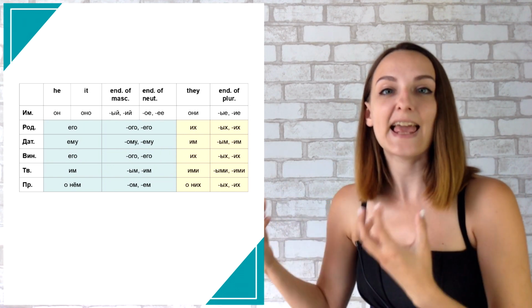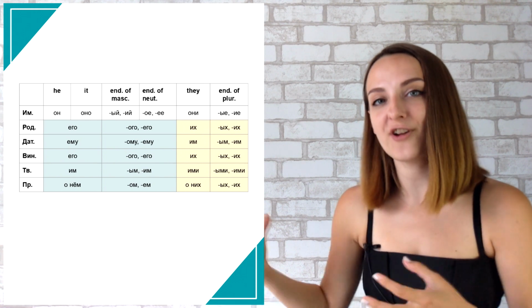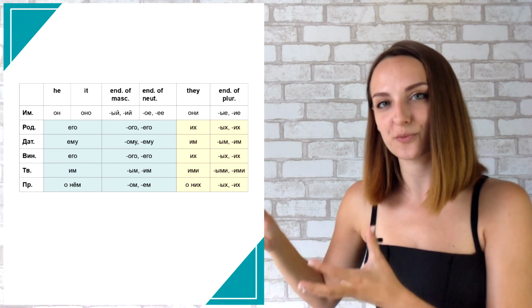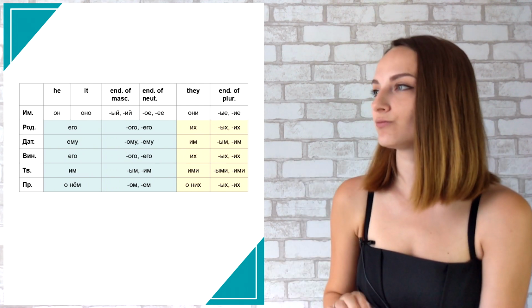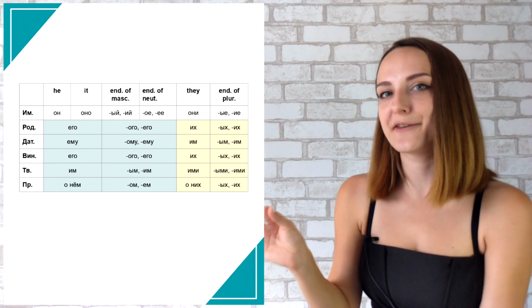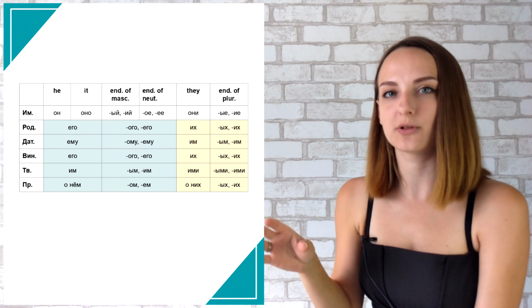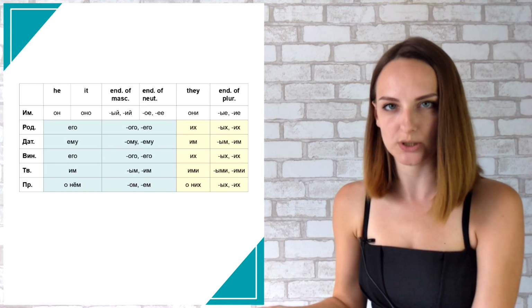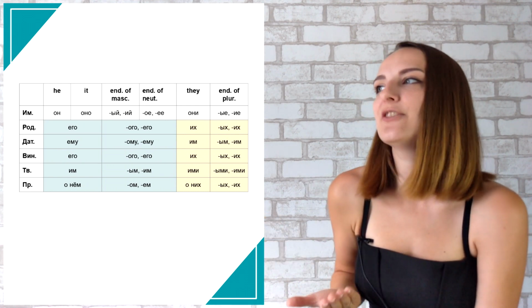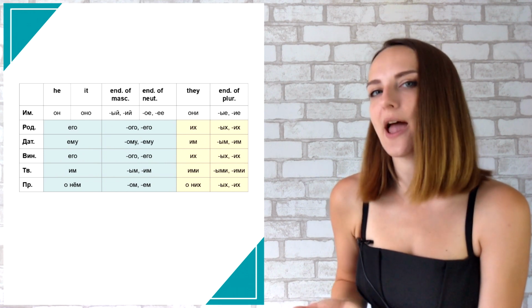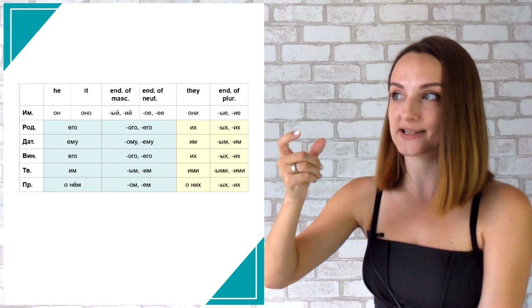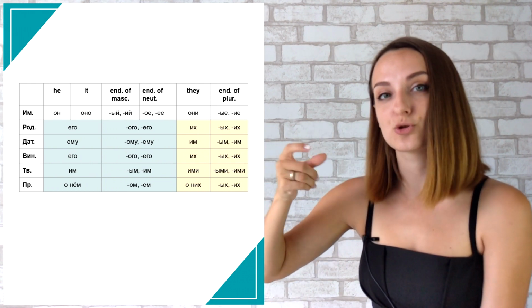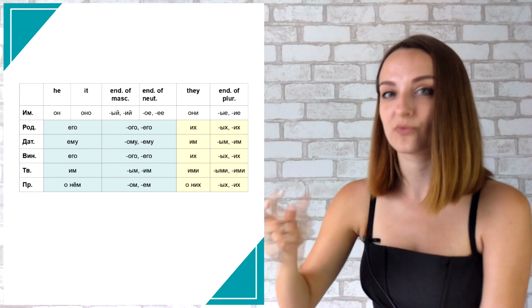And actually, the endings of adjectives are very similar to these forms of personal pronouns. For example, где мой кошелек? Да, where is my wallet? And I answer, у меня его нет. I don't have it, да. I use the genitive case. Его.